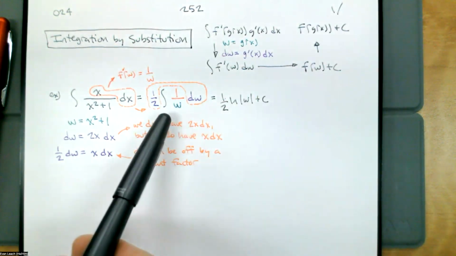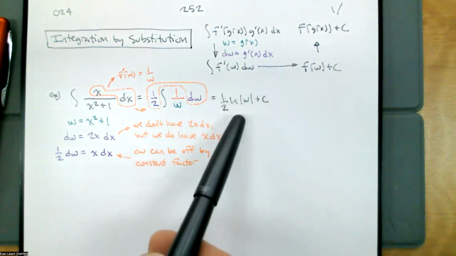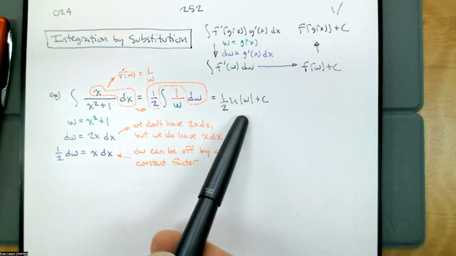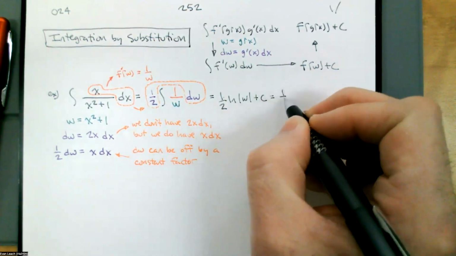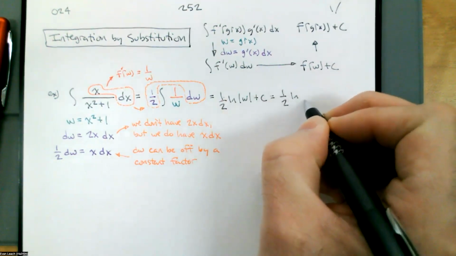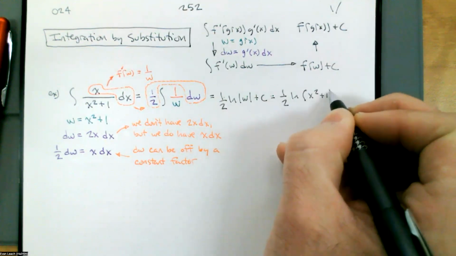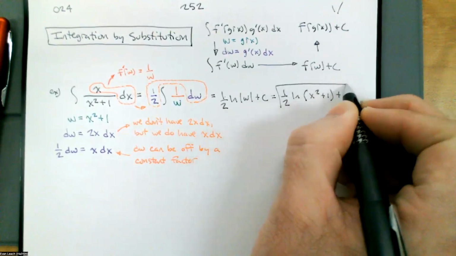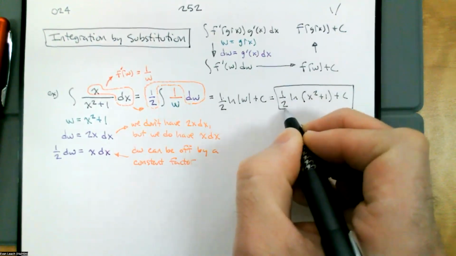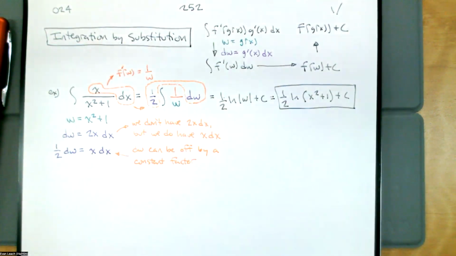Now that we've got our simpler integral, the integral of f prime of w dw, we can integrate to get our antiderivative in w. Then we just replace w and get our antiderivative in x. The goal is to know the process so that we don't have to do the process.